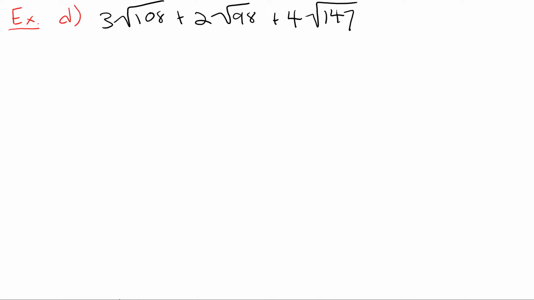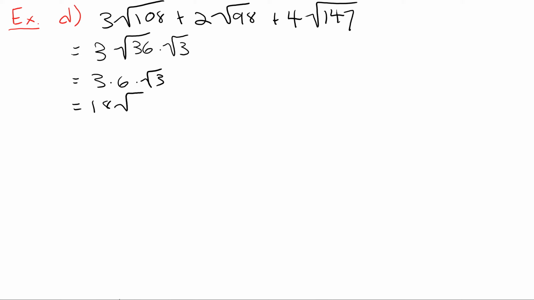So I'm going to write 3 times root 36 times root 3. Then if I keep simplifying, I will get 3 times 6 times root 3, and I will get 18 root 3. So I've simplified 3 root 108 to 18 root 3.